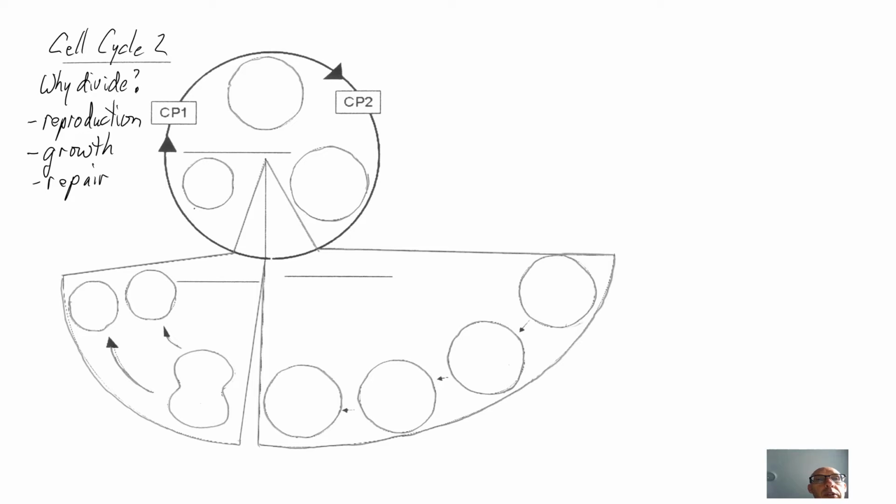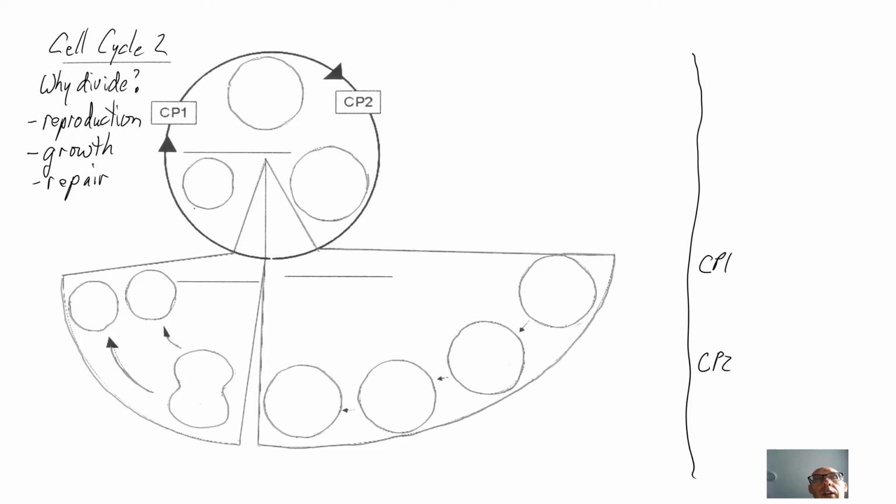First thing I want to do is focus on this circle at the top. I'm going to just jot a line over here which should match something you have on your page. You should have a couple boxes here, CP1 and CP2.